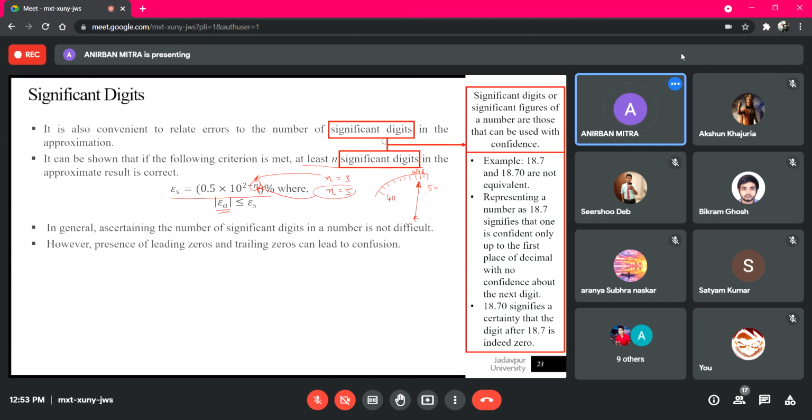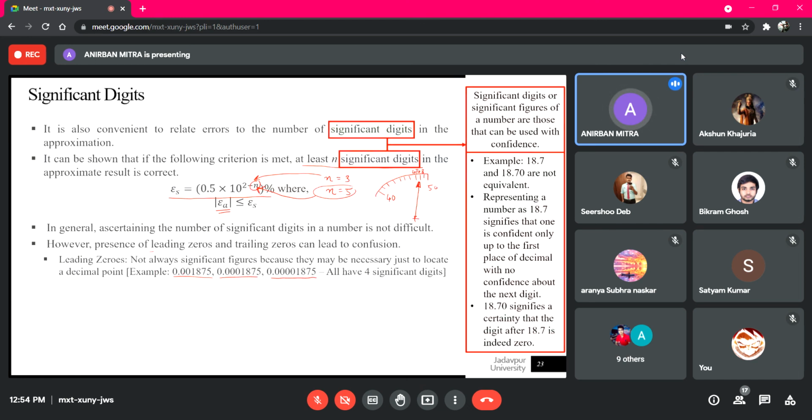For example, these numbers over here. How many significant digits are there? They all have varying numbers of leading zeros. Now, these leading zeros are not always significant because they are probably necessary just to locate the decimal point.